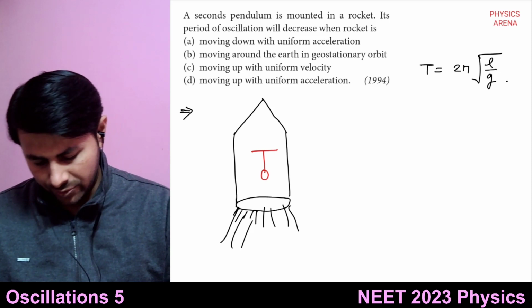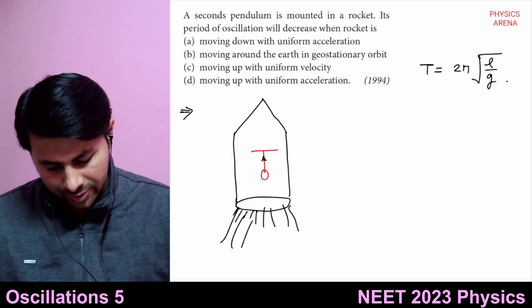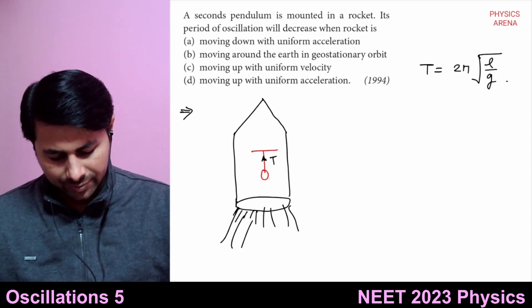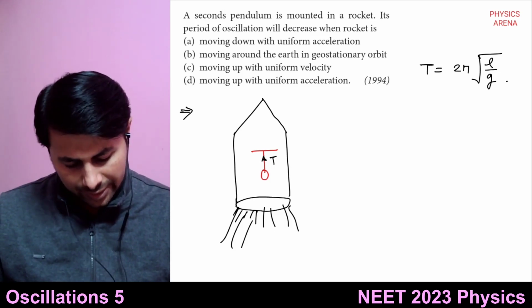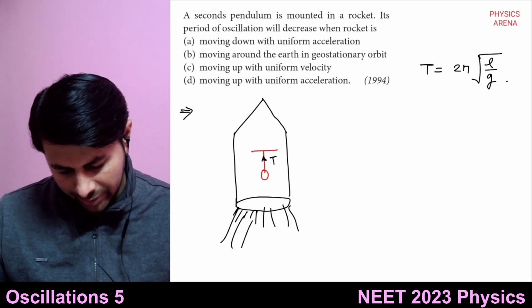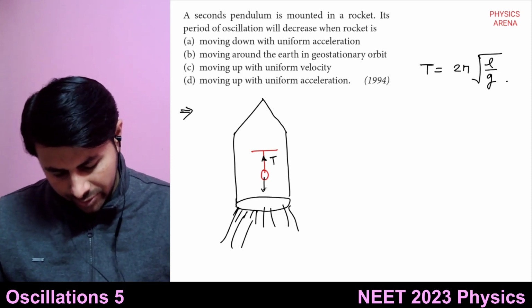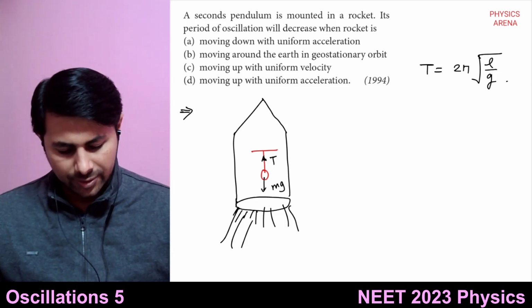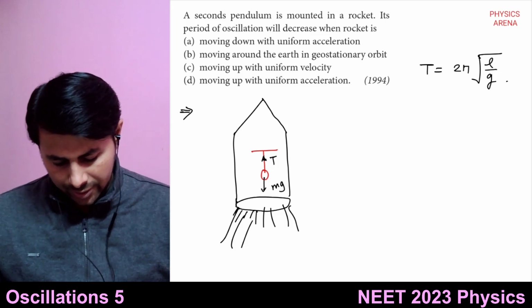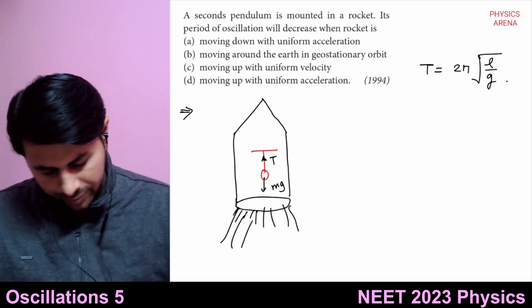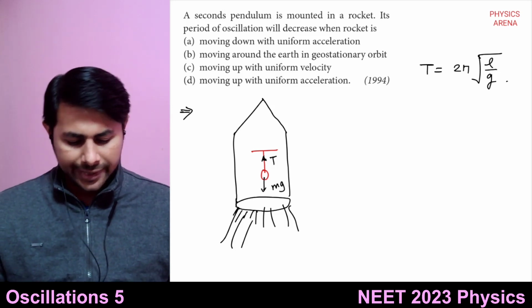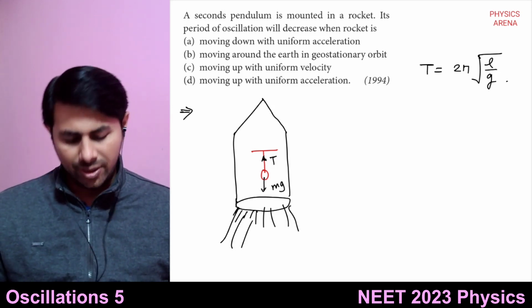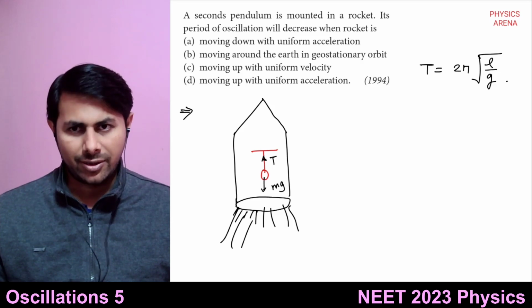So what will be the force? There will be tension in the string, that is the force acting on that pendulum, and gravitational force mg downwards. So the tension will determine the effective value of acceleration due to gravity.